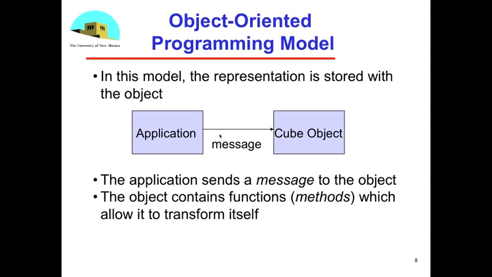So the idea now is that the cube, the object, has the code with it that knows how to rotate itself with whatever representation it uses, and the application needs to know nothing about the representation. It's just saying do this operation and sending a message over to do that. And for these kinds of applications, that's certainly a much better view of things.